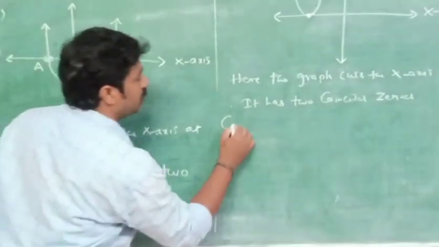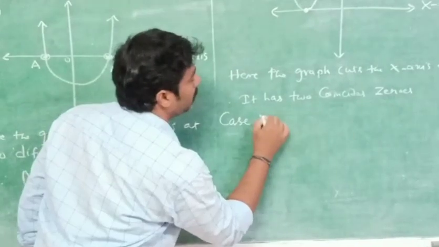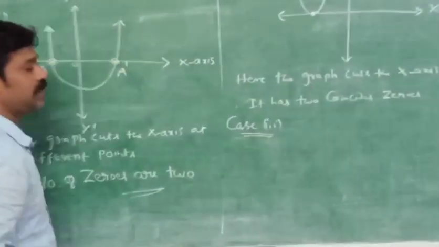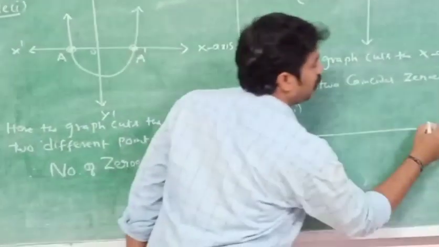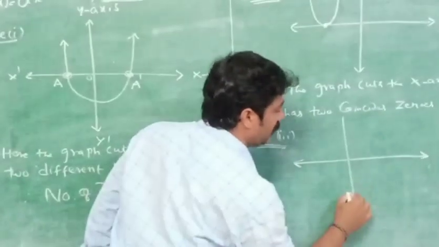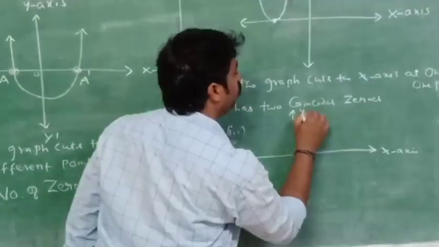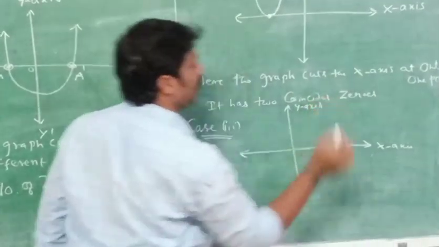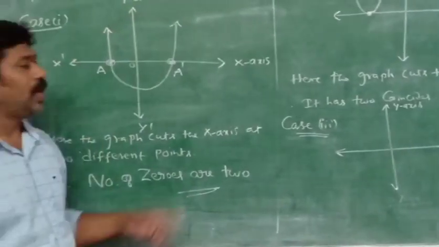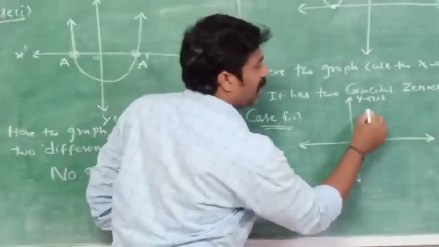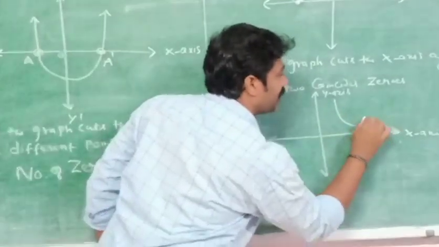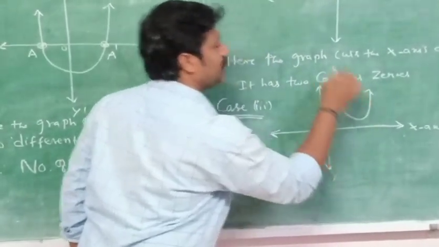Similarly, in the third case, we have another possibility. This is the x-axis and this one is the y-axis. If you draw the graph of the quadratic polynomial, if a is greater than 0, another possibility is that the graph may not touch the x-axis.